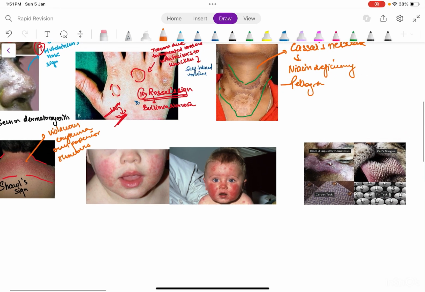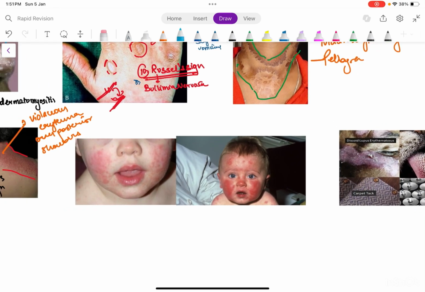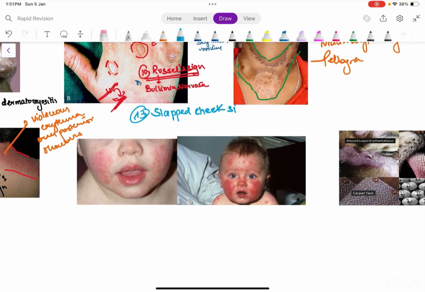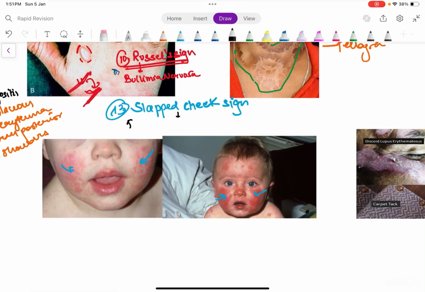Okay, then coming on to this cute little baby. Now this cute little baby is not so cute. It's looking like as if he has been slapped, right? So slapped cheek sign. Okay, can you appreciate the cheeks, right? So this is like very common, and this is associated with 5th disease, which is the erythema infectiosum by parvovirus B19.